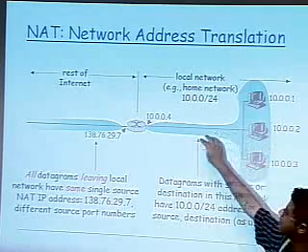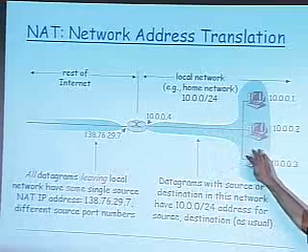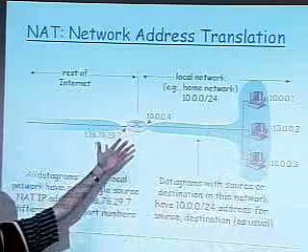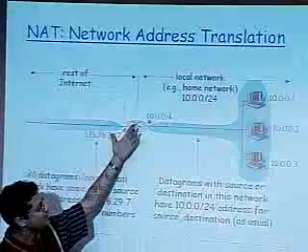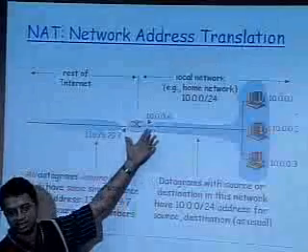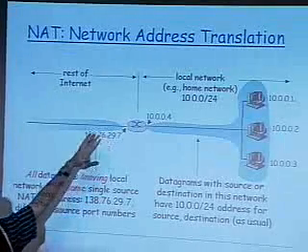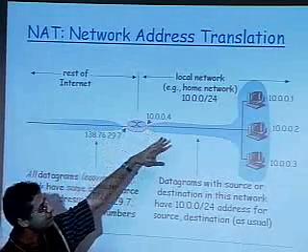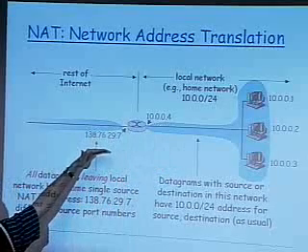So all packets floating inside here will have the private IP address for these machines. As soon as these packets leave the private network, this NAT box will translate these addresses into a public IP address. That is the basic job of this NAT box. It's going to translate these private addresses into that single public address that's been assigned.